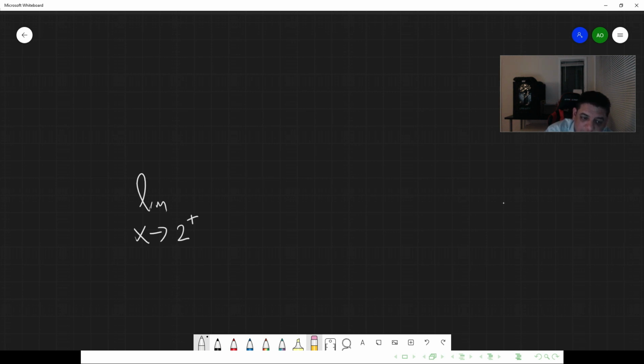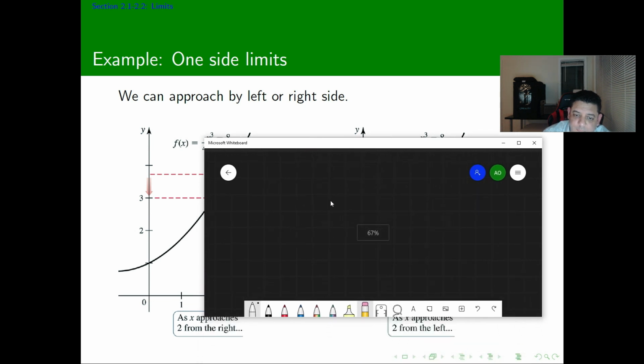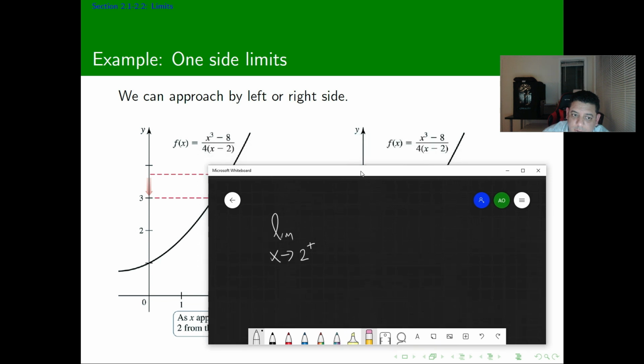And so this will be the right side, and we're using the function x cubed minus 8 over 4x minus 2, and this is going to quickly approach 3, and we can see that the same thing is happening by the left side, so we can write this.